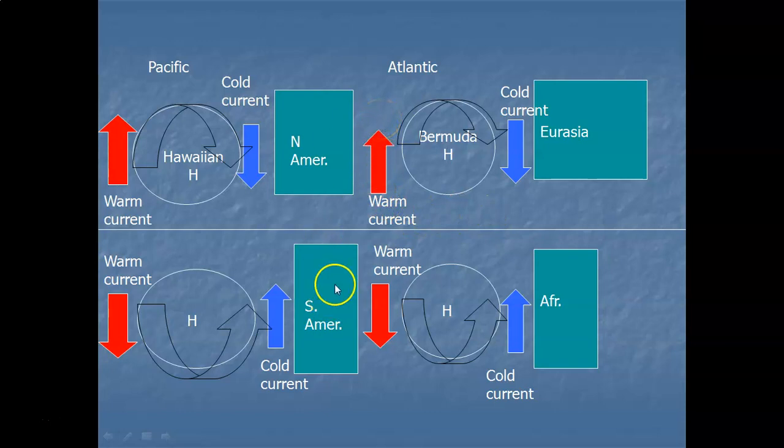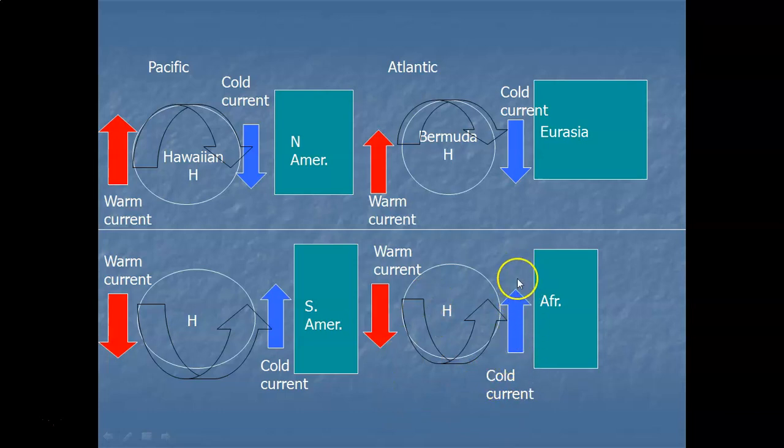All right. And then in the southern hemisphere, because of the reversal of the direction of the circulation of the high pressure, it works out that we still wind up with cold ocean currents on west sides of continents. It works out nicely. And we still have warm ocean currents on east sides of continents. So like I just showed you in the South Atlantic, you've got cold Antarctic waters in the circulation being brought upward.